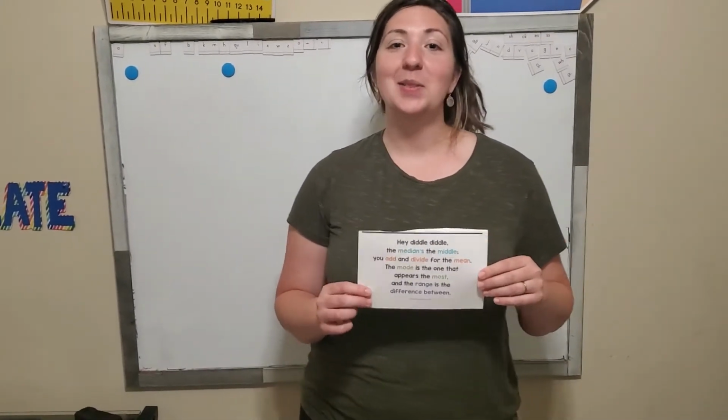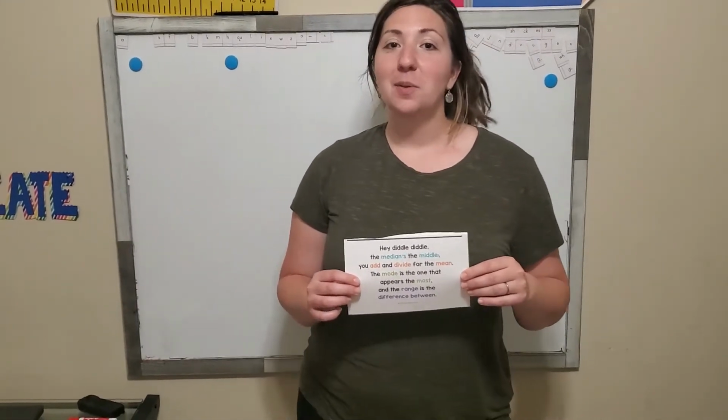So the poem is: Hey diddle diddle, the median's the middle, you add and divide for the mean, the mode is the one that appears the most, and the range is the difference between. Okay? So remember to practice that when you take it home and have fun with it.